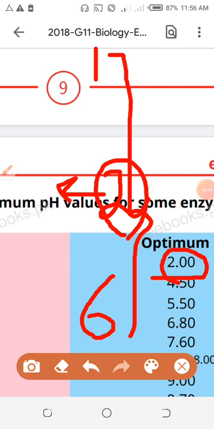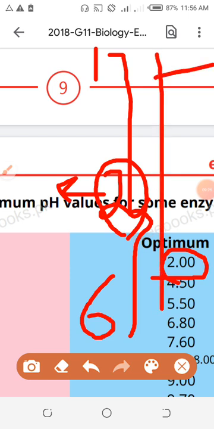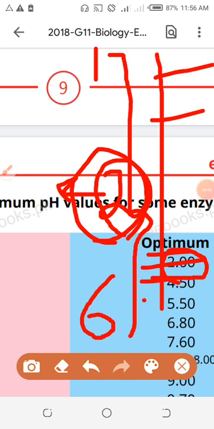Normally we say pepsin works in acidic medium, meaning pepsin can work between 1 and 6: at 1, at 2, at 3, 4, 5, 6. The question is: if the optimum pH of pepsin is 2, can pepsin work at other acidic pH values, since normally we say pepsin works in acidic medium?